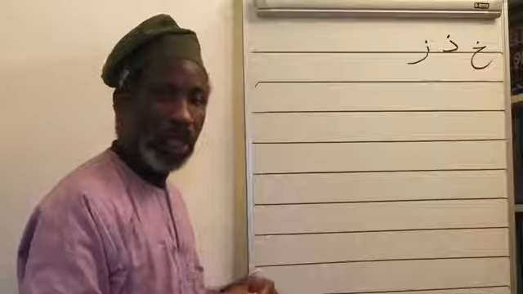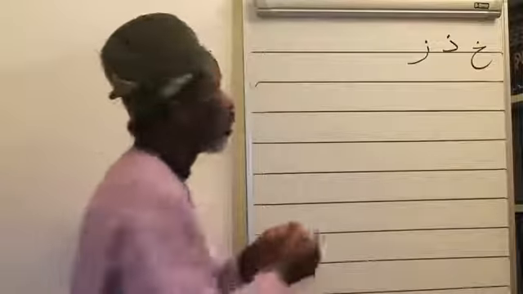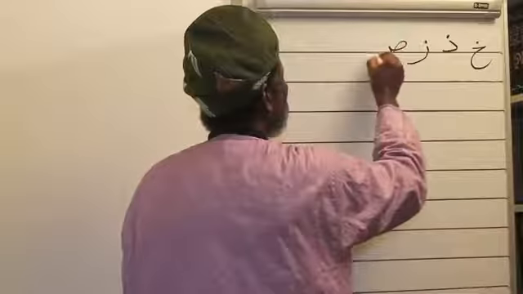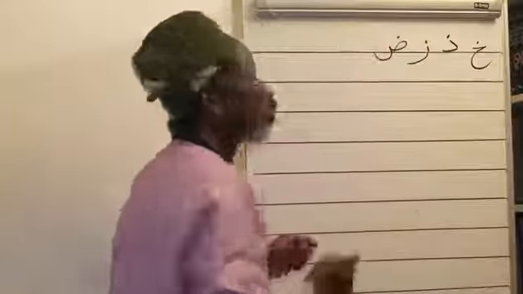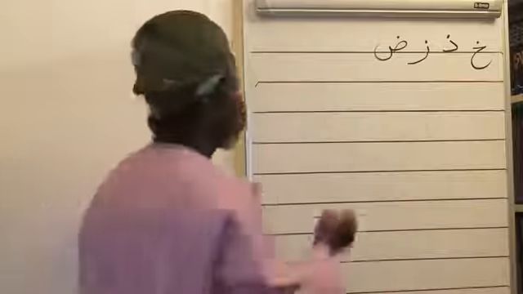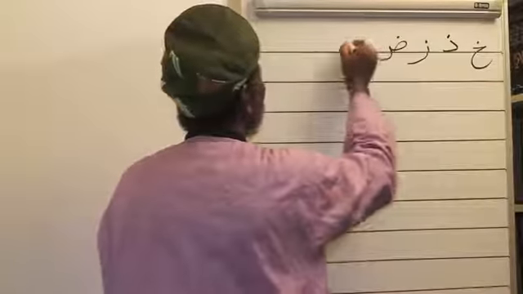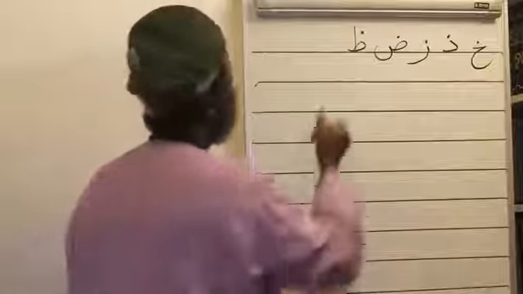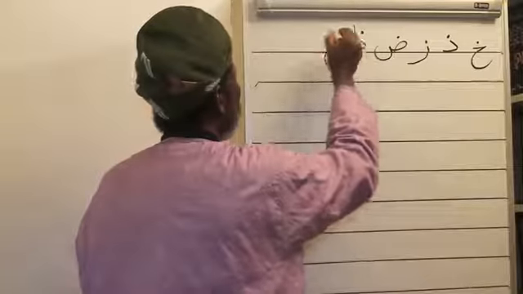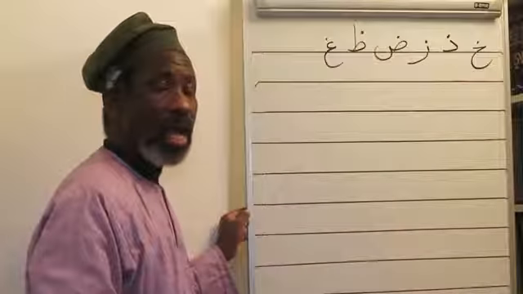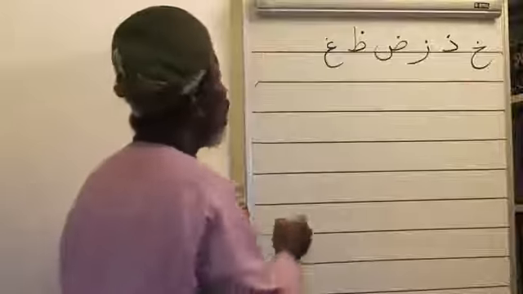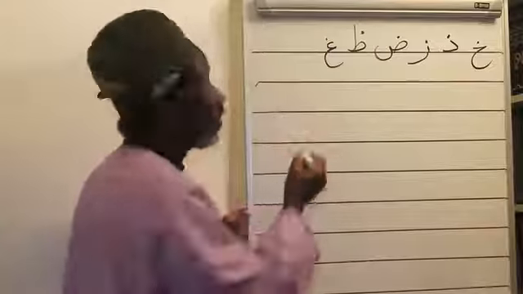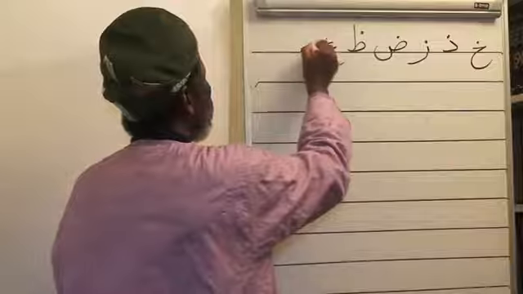Sin, shin, sad, dad, dad with one dot above. Ta, dha, dha. Ain, ghain. You have ghain, one dot. Ain, ghain, fa. So you have one dot.